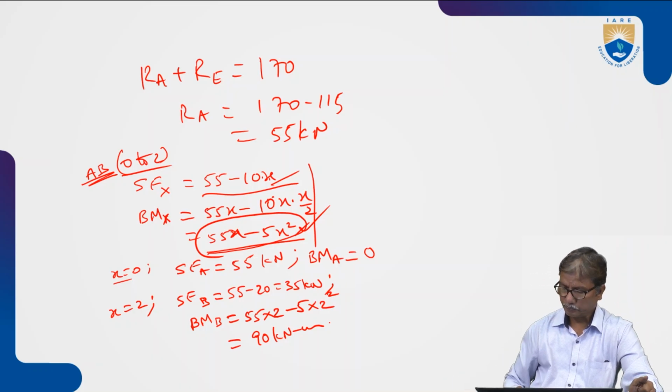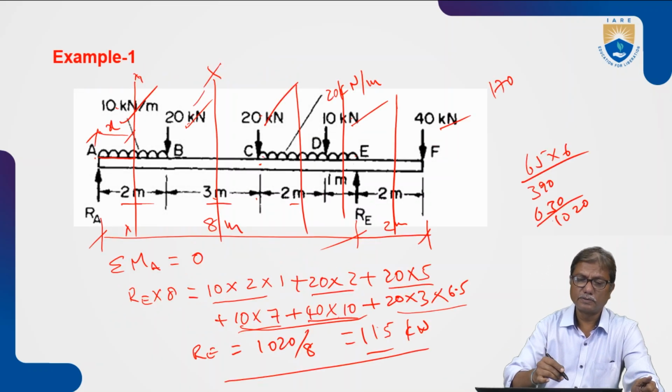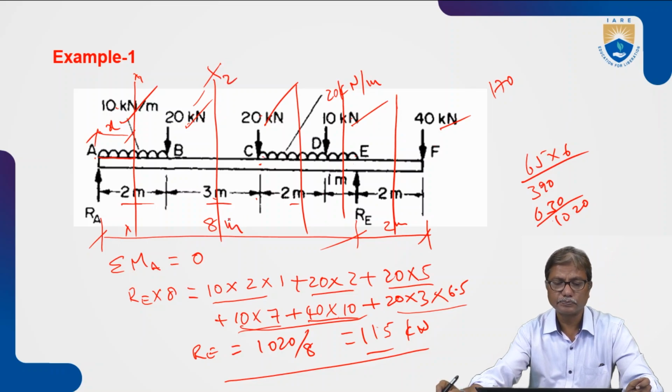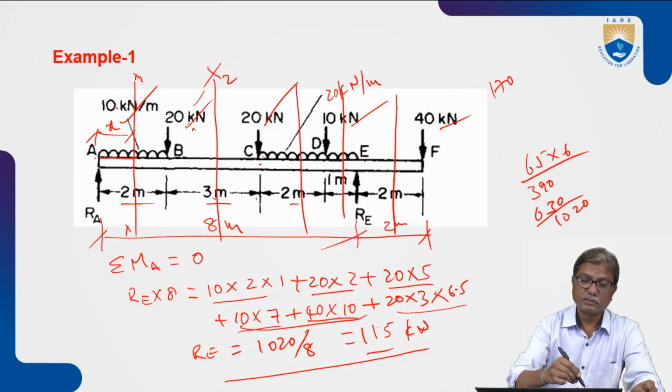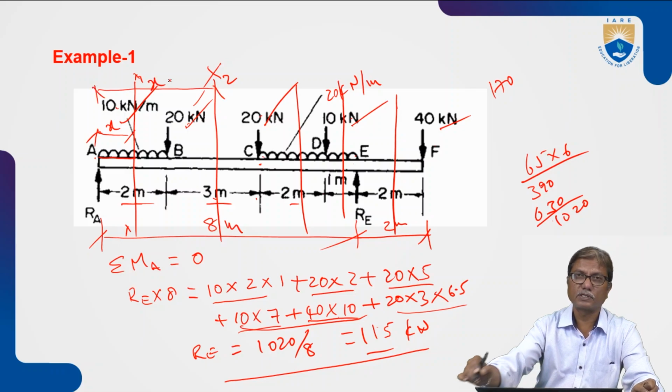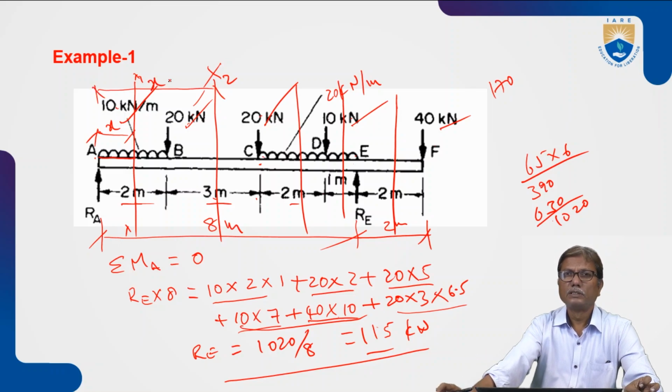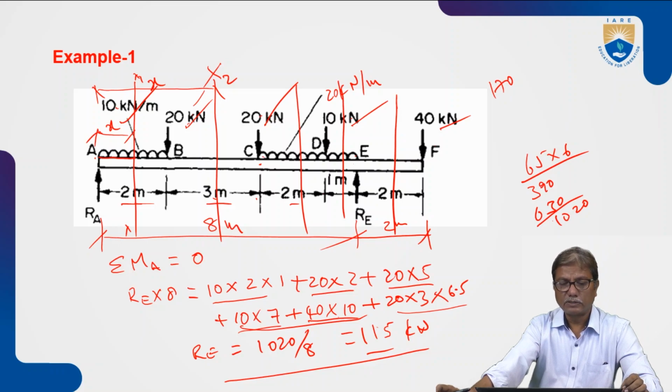Similarly, consider the second section x2 between B and C. For this section, take origin from A only, that means x from A. What will be the limits of x now? Between B and C we are considering this section.